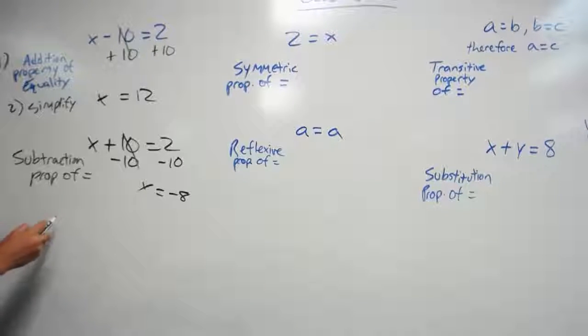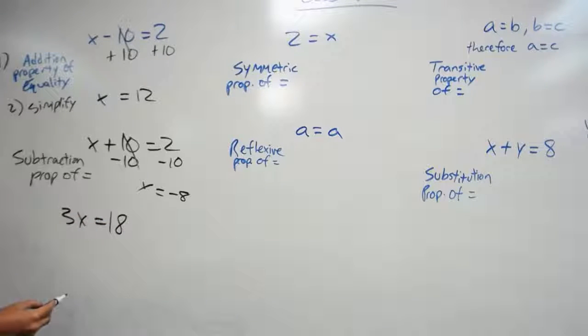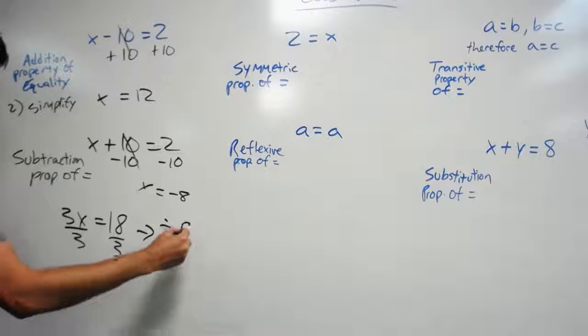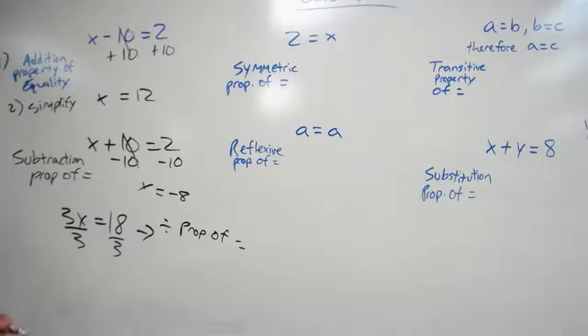Let's say we have 3x equals 18. Well, you could probably figure out when we divide by 3 on each side, that is the division property of equality. And then you would simplify to find x equals 6.